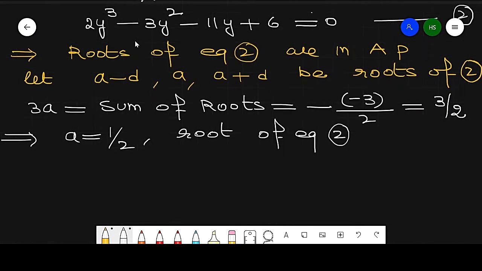The remaining 2 roots can be found with the help of synthetic division, using 1 by 2 as one root. What are its coefficients? 2, -3, -11 and 6.